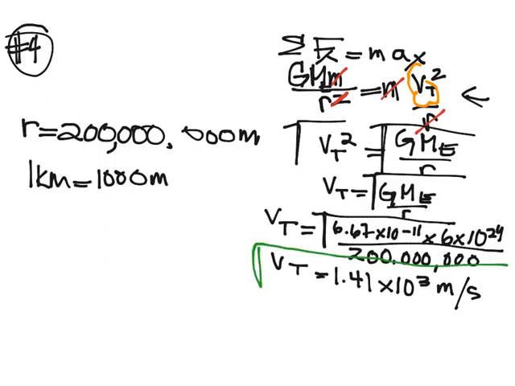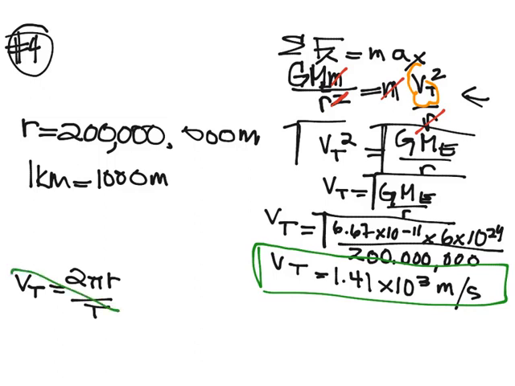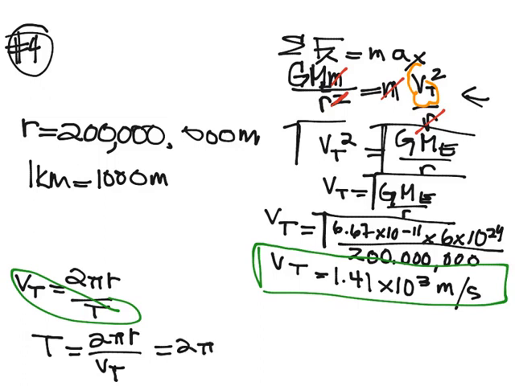The other thing it wanted to know is what the period would be. Okay, so I can use vt equals 2 pi r over T. This is fairly easy to solve for T, so we're just cross-multiplying, and I get T equals 2 pi r over vt. Okay, I know that my radius is 200 million meters, so that's 200,000,000.